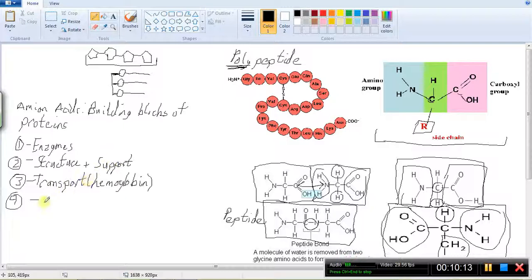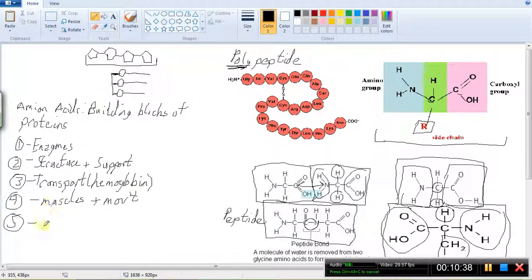Number 4, muscles and movement. I'm going to abbreviate movement with a MOV'T. So protein plays a role in muscles. Proteins, the myosin and actin, are how our muscles contract. Without proteins, our muscles would not contract and we wouldn't be moving.